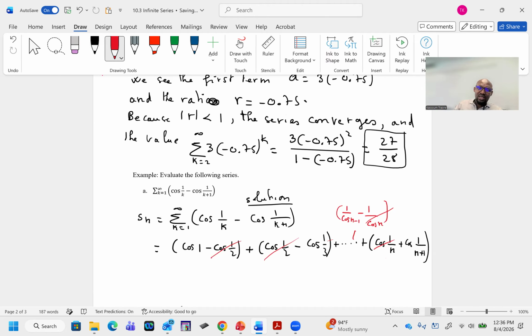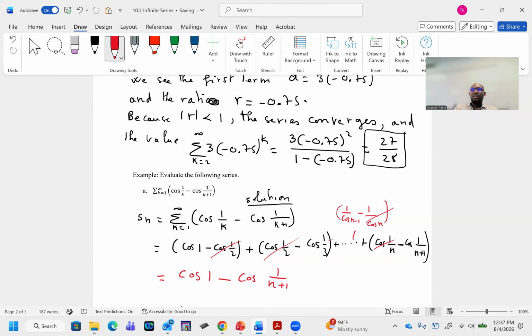So everything will be canceled out except what? Cosine of 1 minus, this is supposed to be minus, not plus, right? Between them is always minus. So minus cosine of 1 divided by n plus 1.